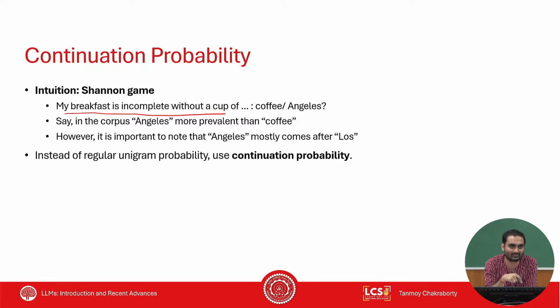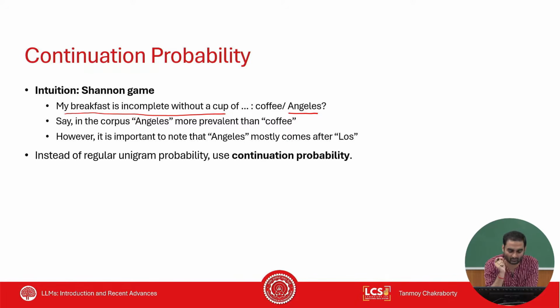But if you put Angeles here, this is not going to be a correct answer. If you look carefully, the word Angeles appears most of the time only with the word Los. So how many unique bigrams does it complete? Only one. Whereas the word coffee appears with many other words: hot coffee, cold coffee, regular coffee, morning coffee, breakfast coffee, and so on.